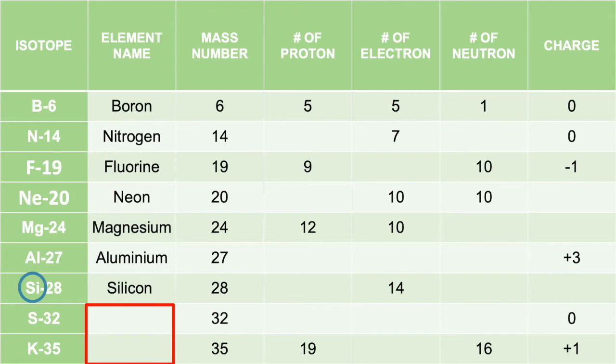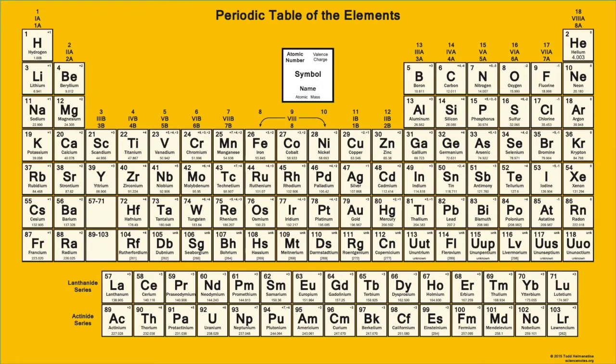Now you try to answer the last two. Identify the elements that have S and K symbols. So again, using your periodic table of elements, search for those elements. This is the element that has S for the symbol, and here is the element that has K for the symbol.